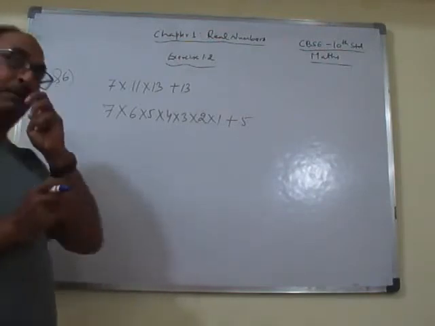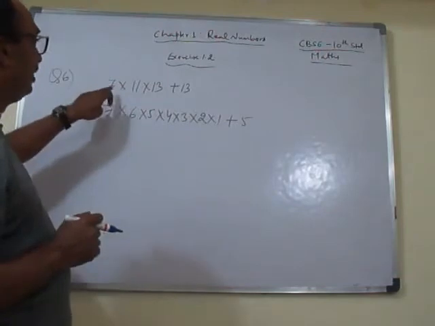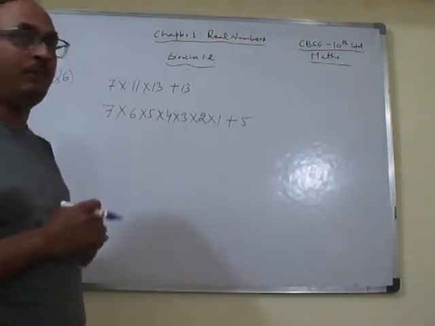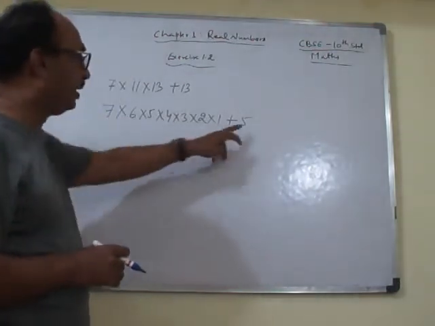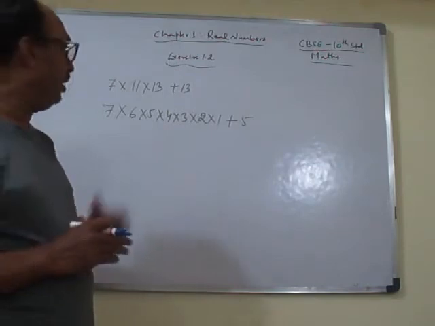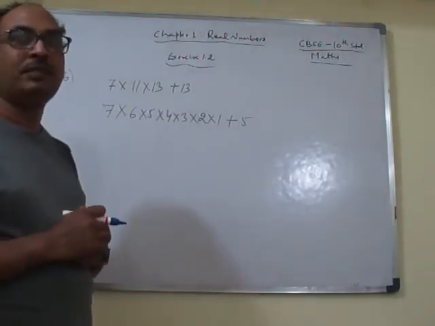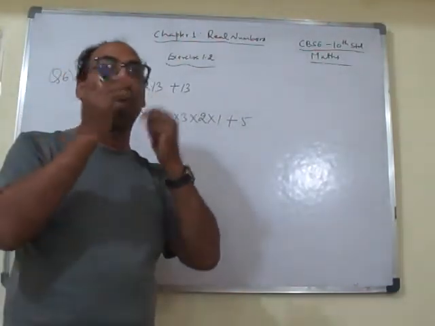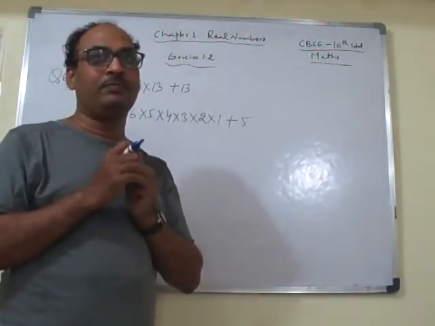If you see at one glance, you will find that this is also a prime number, this is also a prime number, this is also a prime number. Then why are these not prime numbers, but composite numbers?